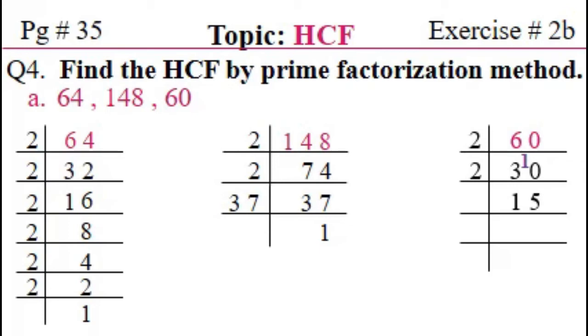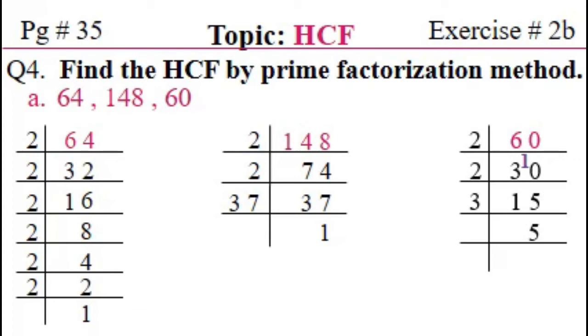Now 15 is not an even number, right? Therefore, we will move towards the next prime number. So after 2, we have 3 as a prime number. Is this 15 divisible by 3? Yes, it is divisible by 3. So we can simply divide it by 3 like this. 3 times 5 is 15.